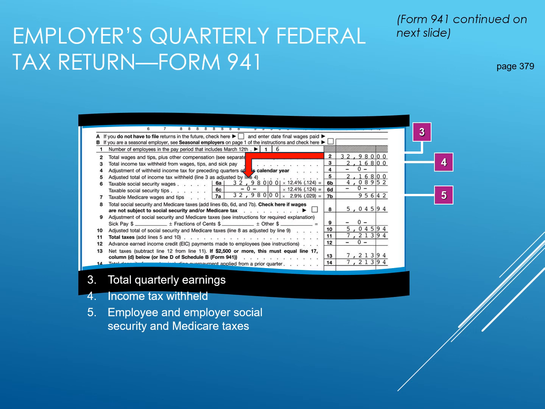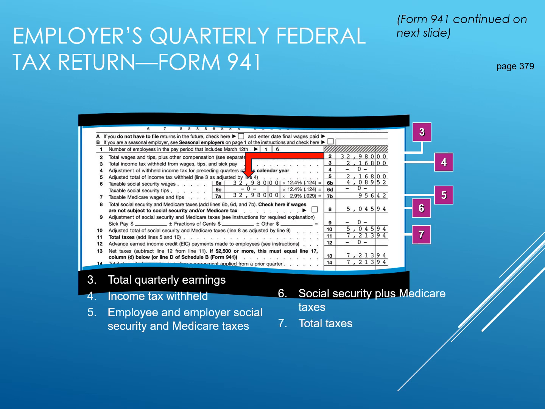On line 7A, we will then calculate total earnings times 2.9%. If you take 1.45% plus 1.45%, you will get 2.9%. Then we will add up lines 6B and 7B and record that on line 8.